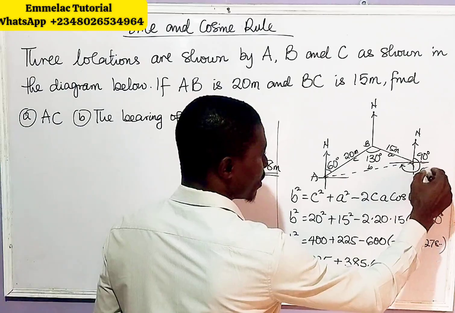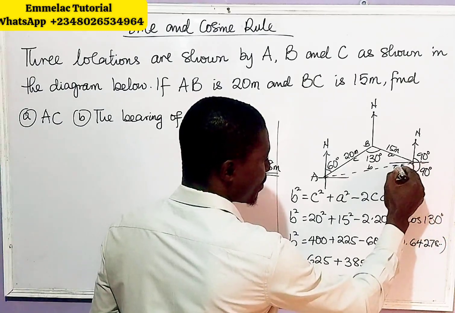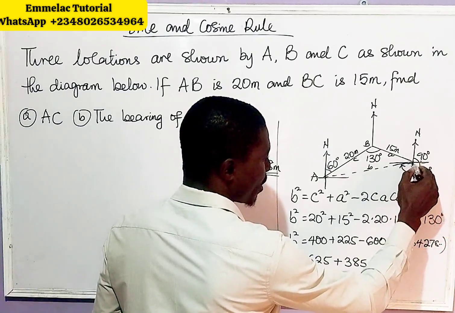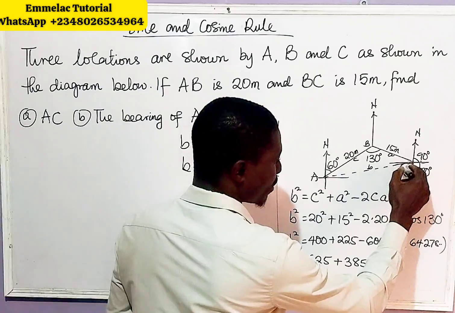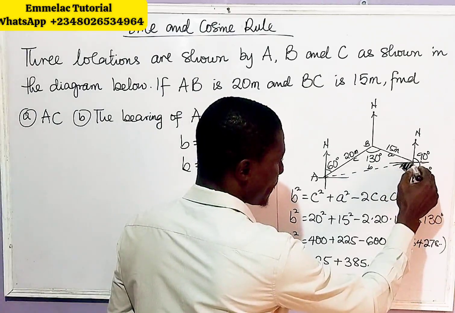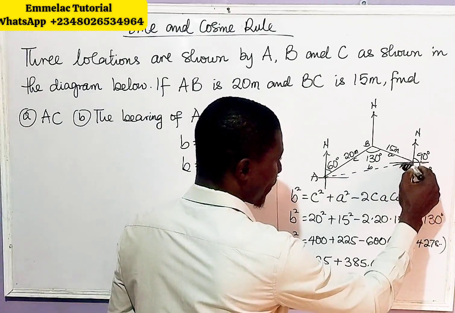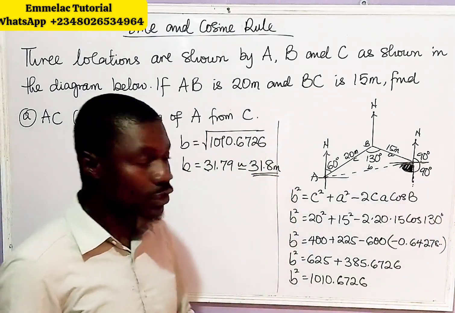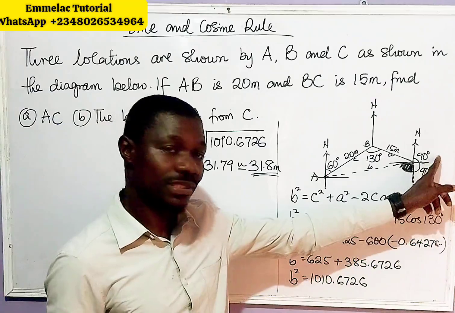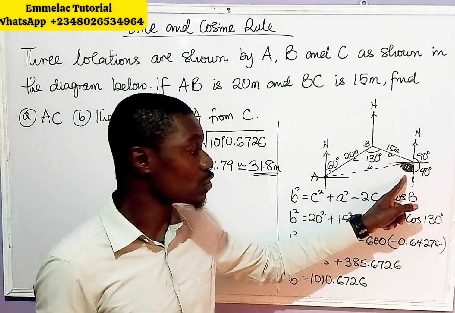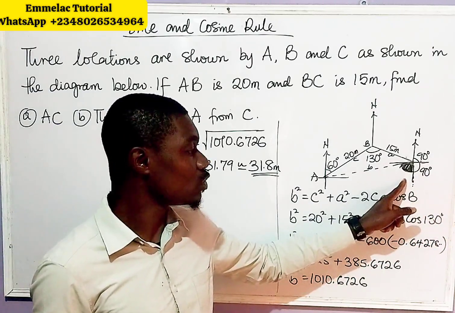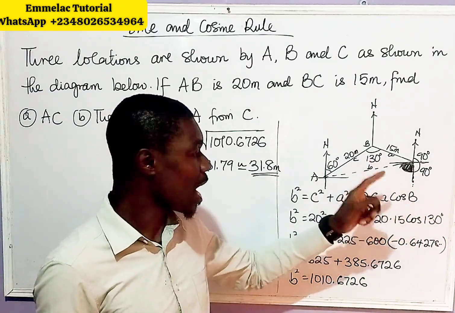Here you also got 90. However, from here down to here is incomplete. So let's just shade it out. So all we need to do is to add up 90 plus 90 and this angle. But unfortunately, this angle is not complete. So how then do we get the angle?